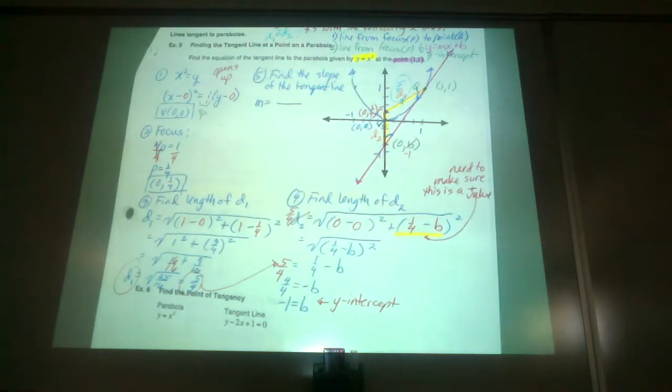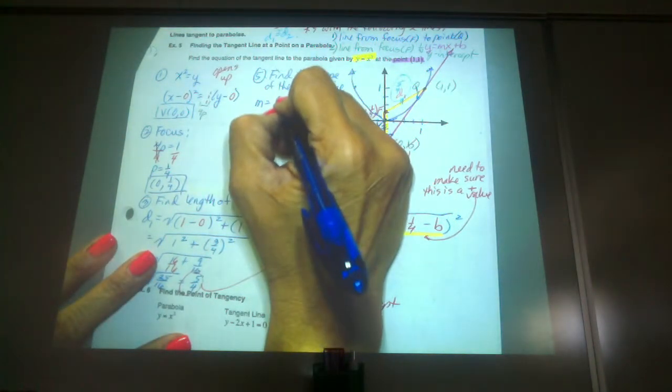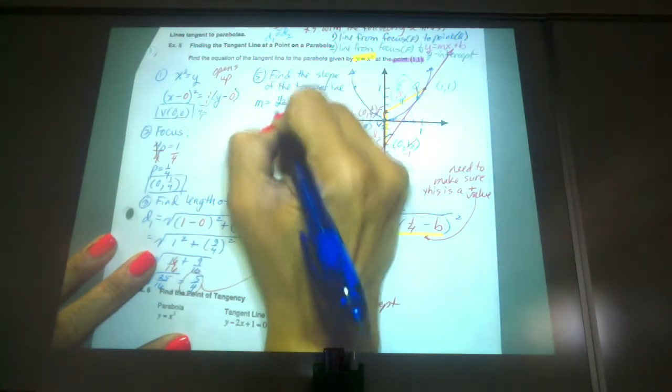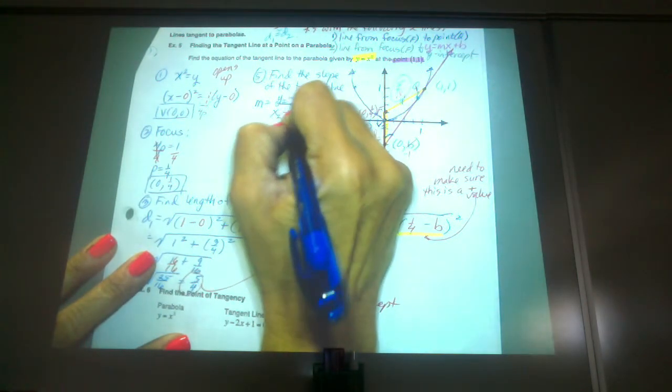So your slope formula: is it y over x or x over y? Difference of your y's over difference of your x's, or difference of your x's over difference of your y's? Y's over x's. Slope is rise over run. It is just the reverse of plotting a point. So if you recall, your slope formula is y sub 2 minus y sub 1 over x sub 2 minus x sub 1.